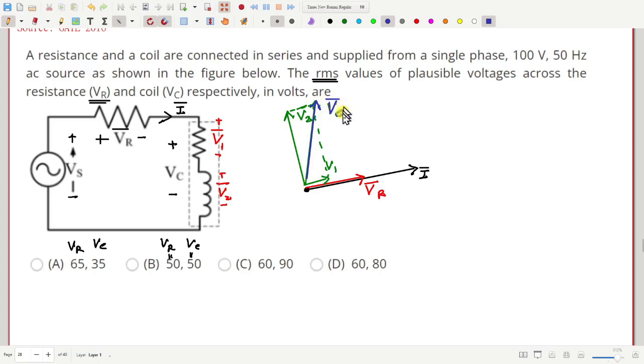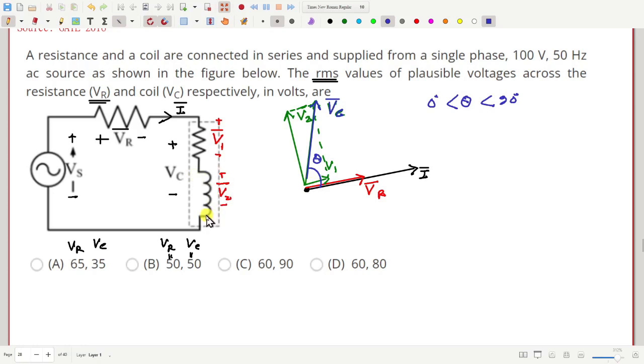So VC is leading I by some angle. Let this angle be theta. What can be the range of theta? What is the minimum possible value and maximum possible value of theta? 0 to 90. Yeah, so theta is between 0 and 90 degrees. It should not be exactly 0 because exactly 0 means V2 is 0, that means inductance is 0.